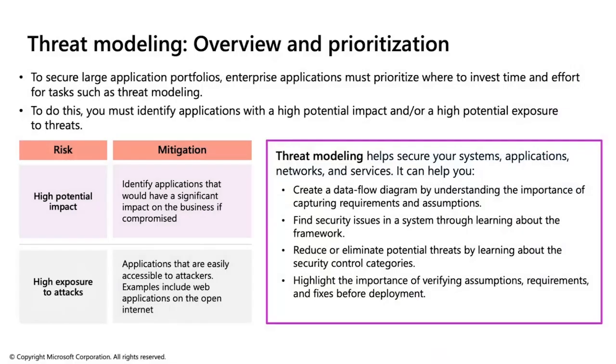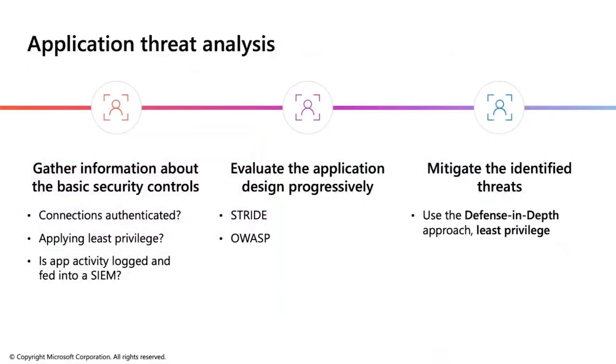So for this, what different options do we have? In application threat analysis, we gather information about basic security controls: is the connection authenticated or not, is least privilege applied or not, is app activity logged and fed into the SIEM solution for further analytics. Also, is my application using some kind of threat modeling framework like STRIDE?